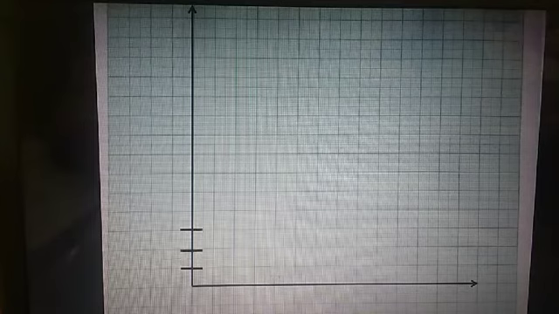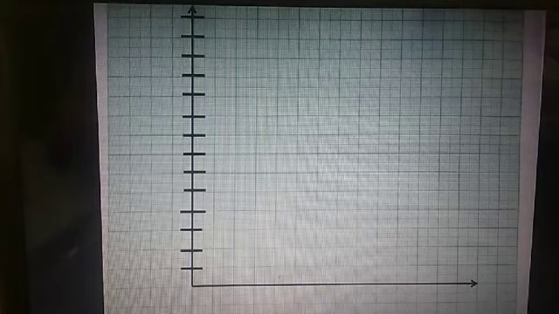Yes, after the axes, the next thing is we will start marking on each dark line. You will make a dash like this.